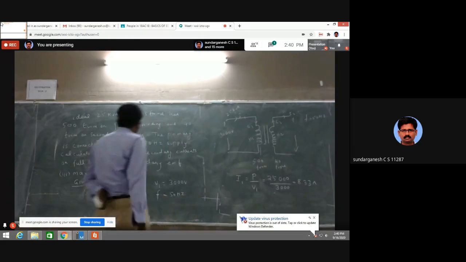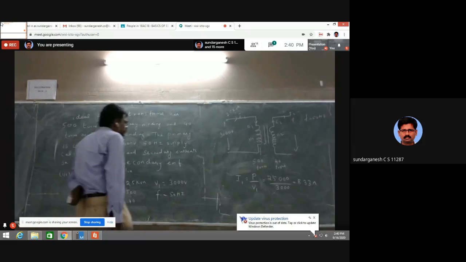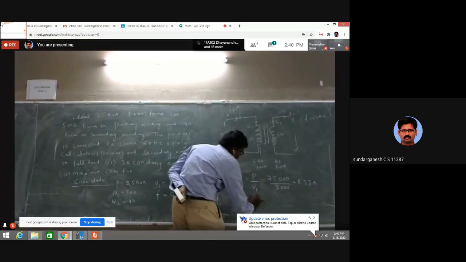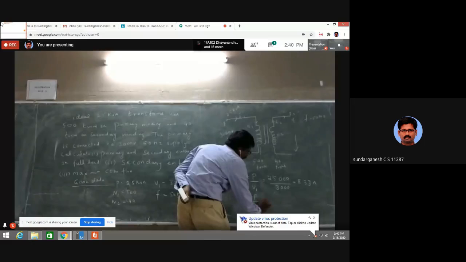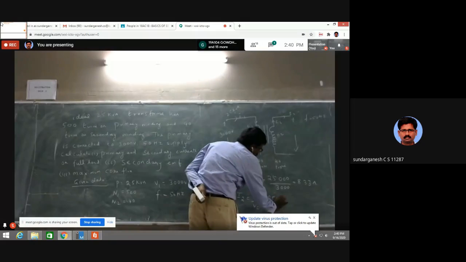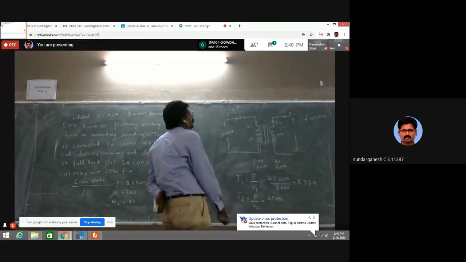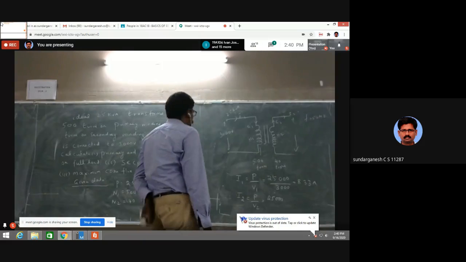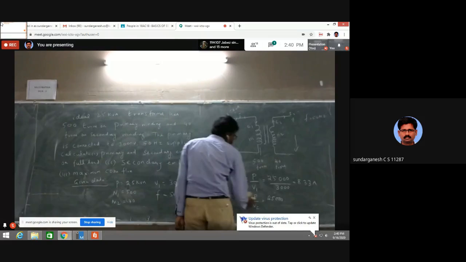Next, you have to find the secondary current. Since it is an ideal transformer with no losses, it would be P by V2, 25,000 divided by V2, but I don't know the voltage V2 here. So I cannot apply this.